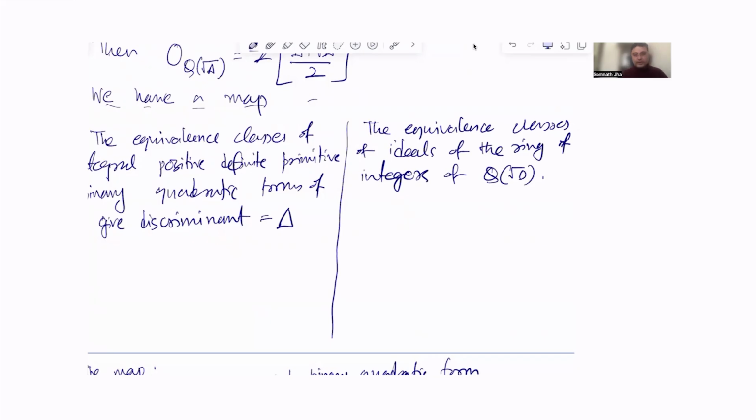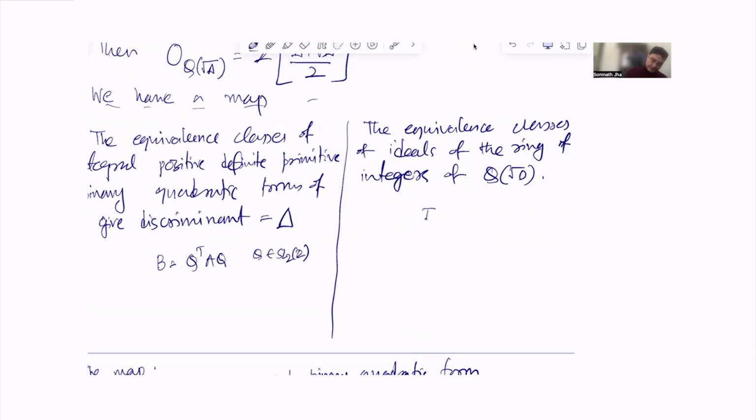So what was the equivalence relation here? Two integral positive definite primitive binary quadratic forms are equivalent if the symmetric matrix associated with those forms satisfies B = Qᵀ A Q, where Q was in SL2(Z). This is the equivalence relation.